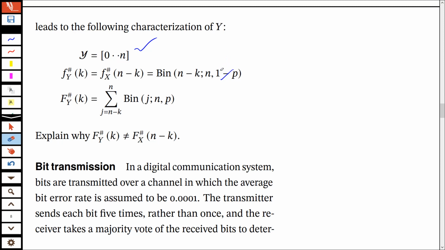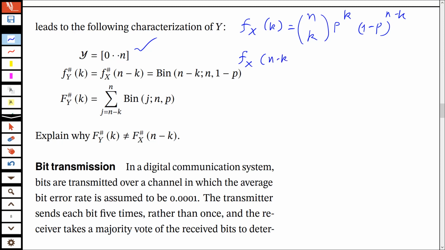Let me think if I have got it right. So I know that fx of k, we need to work this out, is, because it is binomial, n choose k, p to the kth, and 1 minus p to n minus k. Let's set k to n minus k and see what we get.